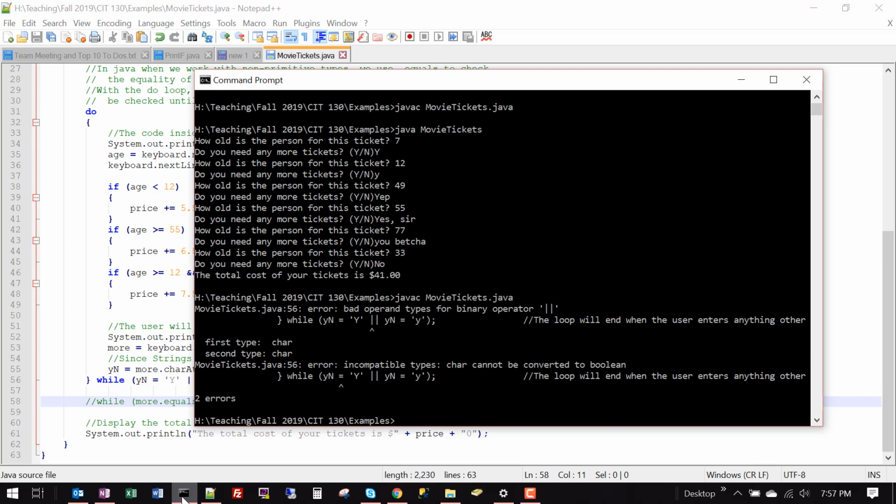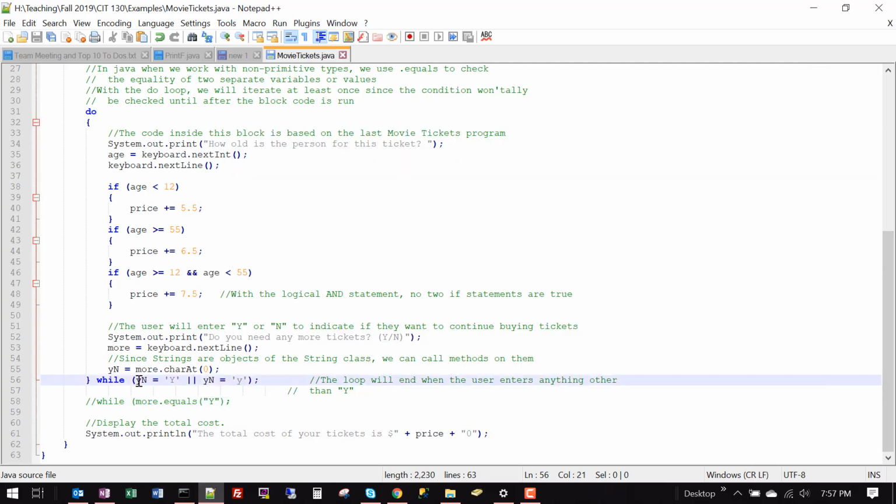And then it says incompatible types, char cannot be converted to Boolean. So we get these weird errors because basically what I'm doing is I'm saying, instead of check if yn has the value character capital Y, assign the value capital Y to that yn. So you don't want to do that. You want to do the double equals.